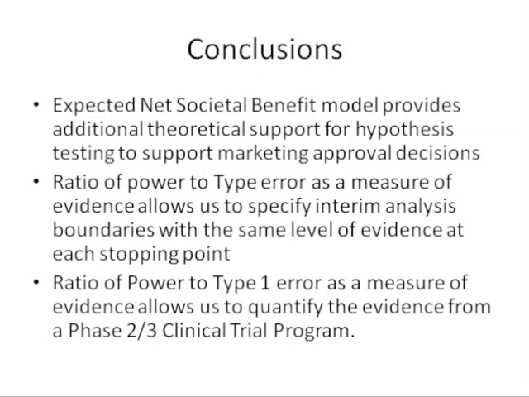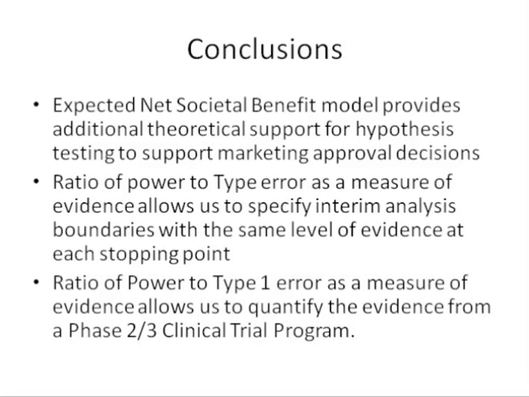So in conclusion, I'd say that the expected net societal benefit model that we presented here provides additional theoretical support for hypothesis testing to support marketing approval decisions. The ratio of power to type 1 error as a measure of evidence allows us to specify interim analysis boundaries with the same level of evidence at each stopping point.